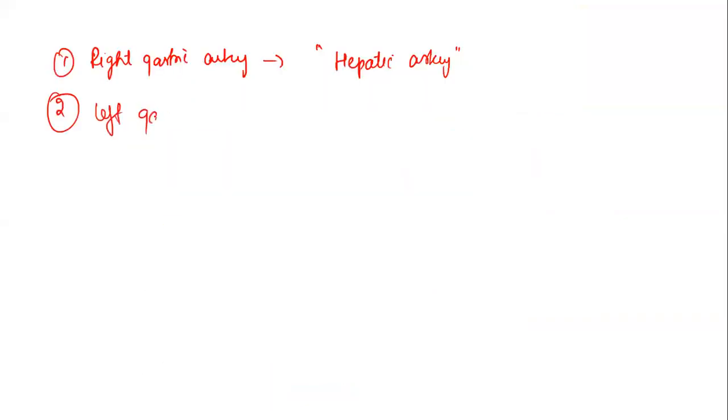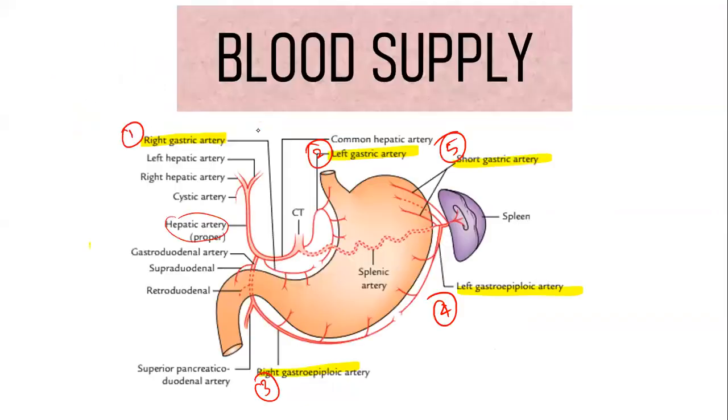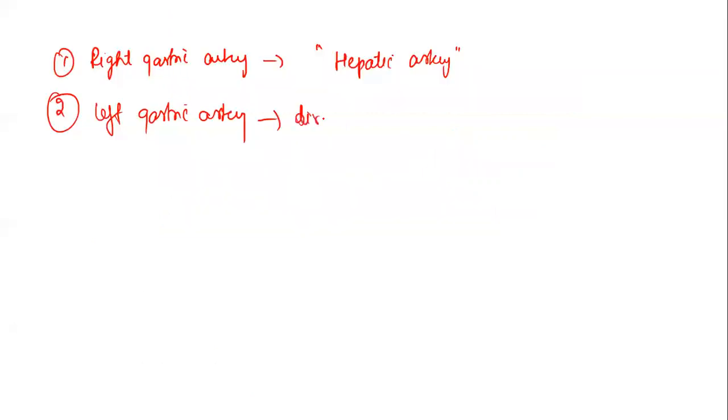Yes, so the left gastric artery. If you trace the left gastric artery, yes, it is coming directly from the trunk. So this is my celiac trunk. And you can appreciate that you have an artery called the left gastric artery. So it is a direct branch of the celiac trunk. These are the first set of arteries, right?